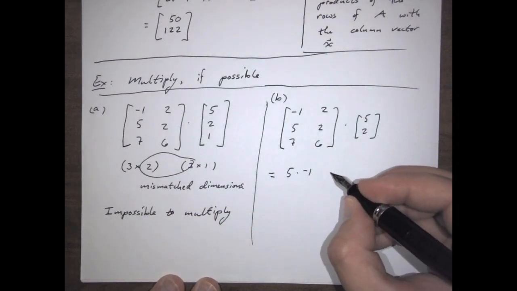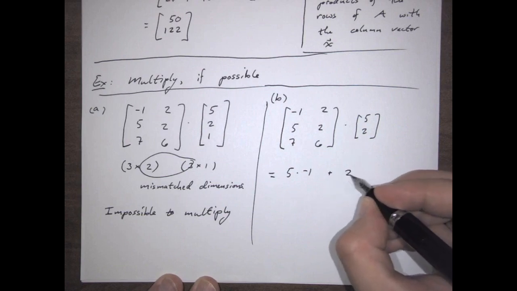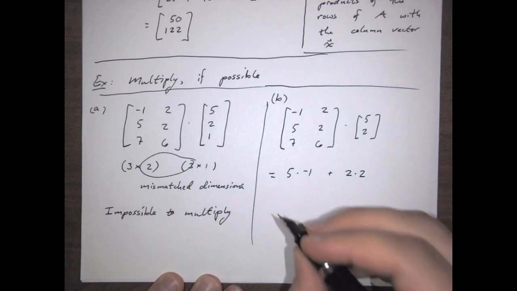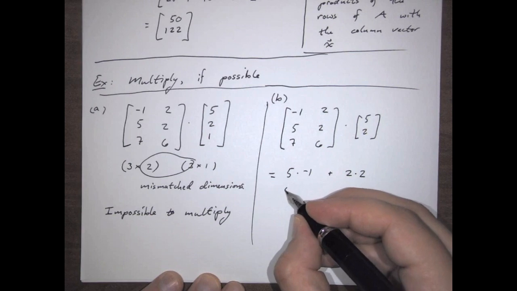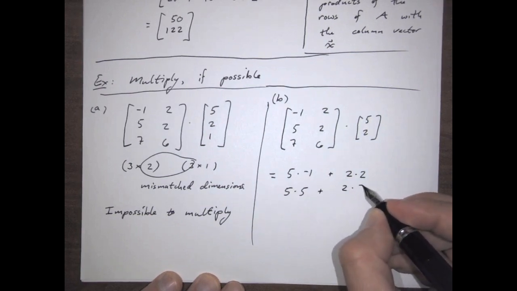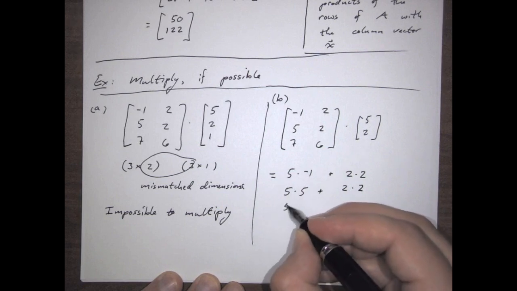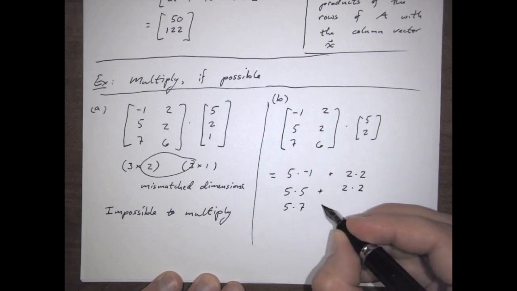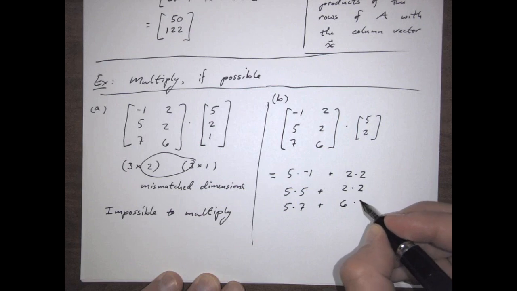So 5 times -1 plus 2 times 2, 5 times 5 plus 2 times 2, 5 times 7 plus 6 times 2.